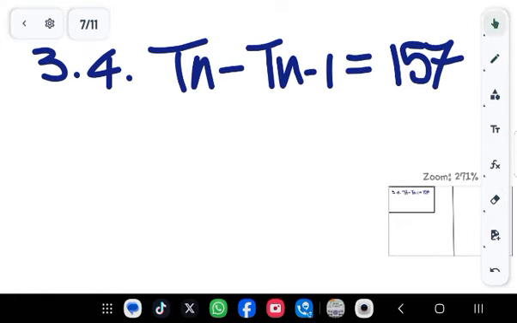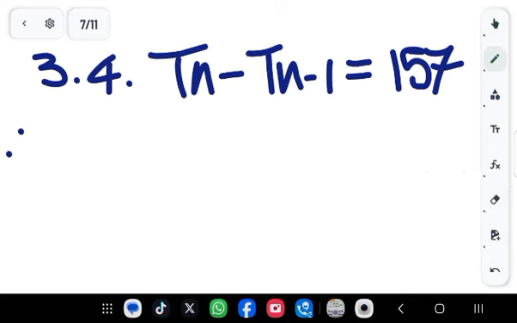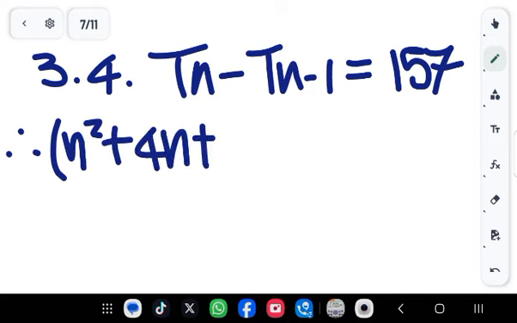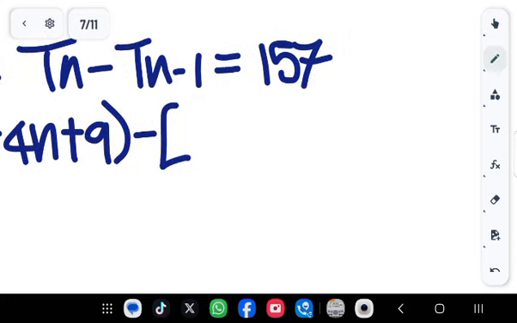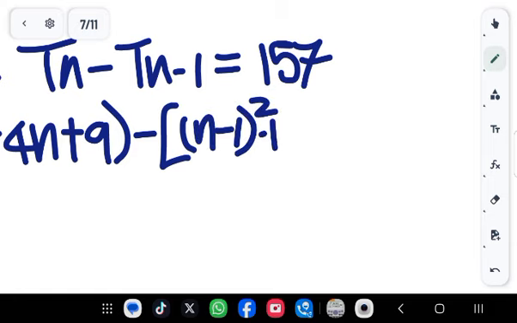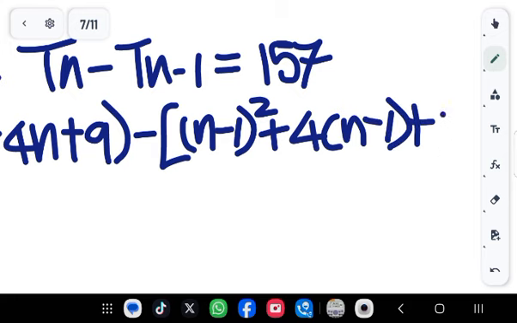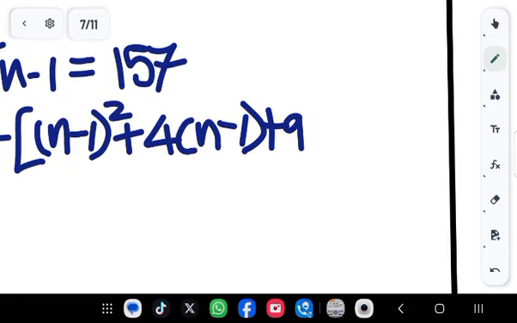Tn and tn minus 1 are consecutive terms, so they work well. Now tn, according to the general term of this particular sequence, is n squared plus 4n plus 9, which makes tn minus 1 be replaced. Where there is n, you put n minus 1. And that is equal to 157.